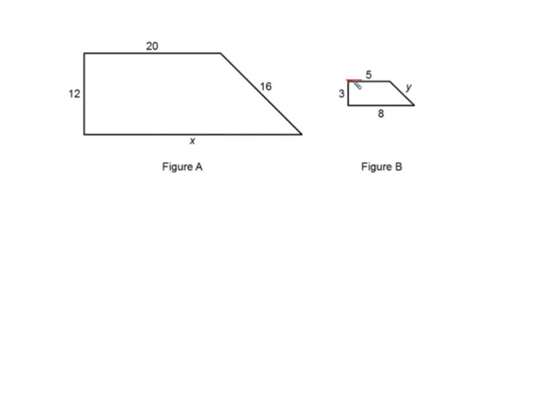Okay, I'm going to go with 5 and Y. And the 5 needs to be across from the same part, 20. And the 16 is across from the Y because they are the same part of the shape. Cross multiply and divide.